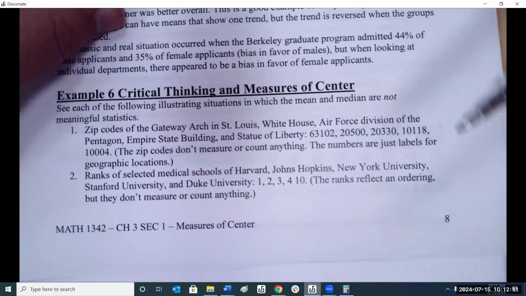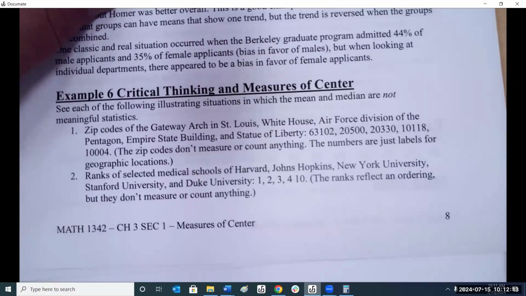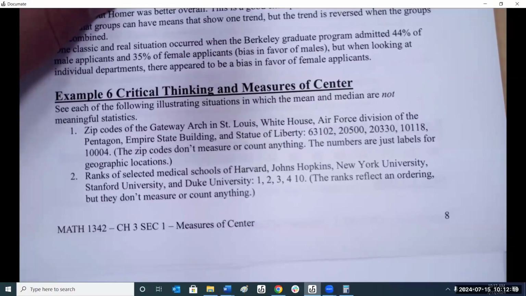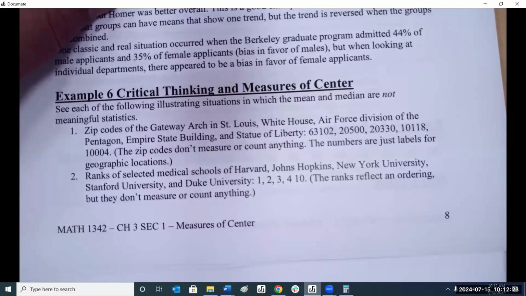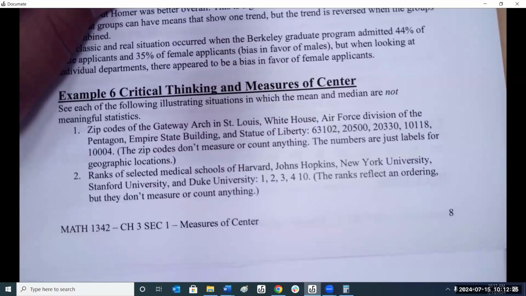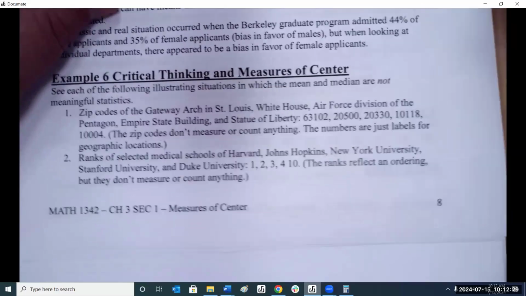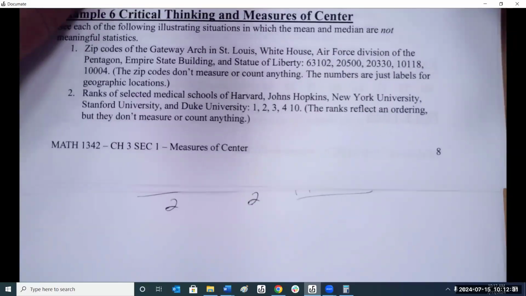Why can you not do anything? Why are the mean and median meaningless with those? There's no correlation, and they're not quantified numbers. They don't represent numbers. They represent a location. So it means nothing there.